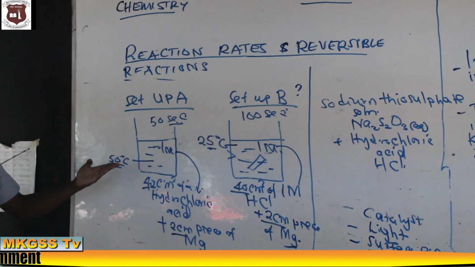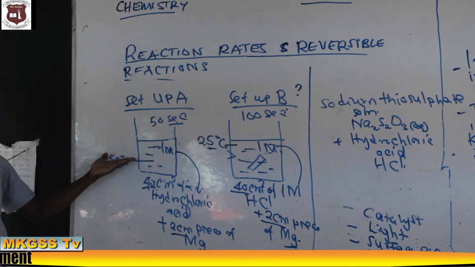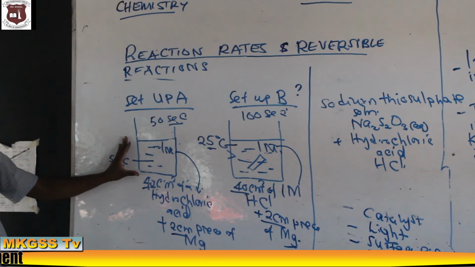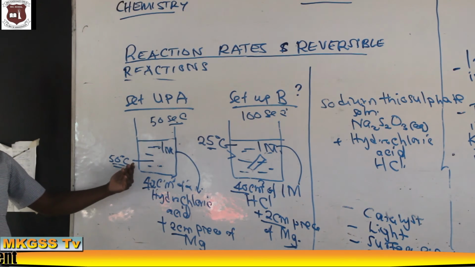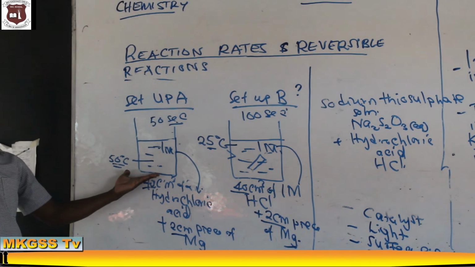And then we heat the solution, we have hydrochloric acid 50 cubic centimeters, 50 degrees Celsius, that is the temperature. And then we mix the two. Then we start a stopwatch immediately. Then we let the reaction occur.